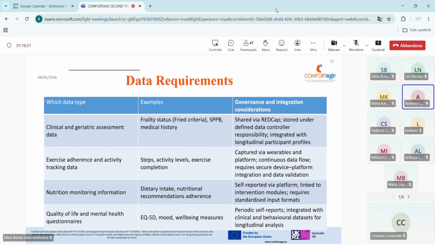Each stream of data has its own governance requirements, from secure device platforms integration to standardized input formats, but together they build a longitudinal picture for the participants, which is currently highly missing in how we view frailty over the course of the participants' lives. Next slide, please.